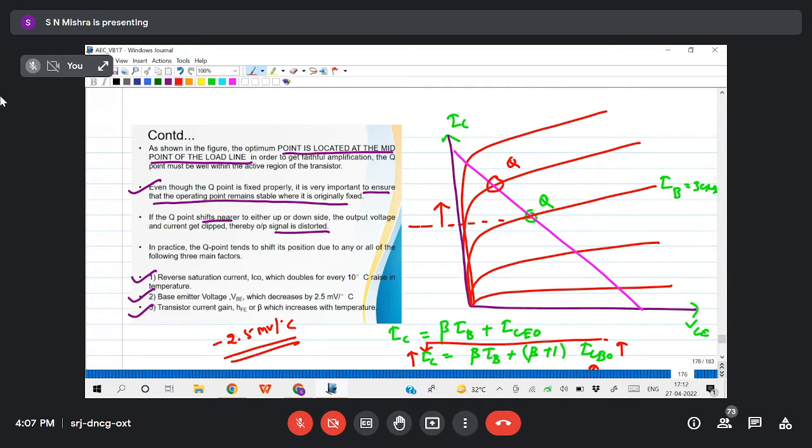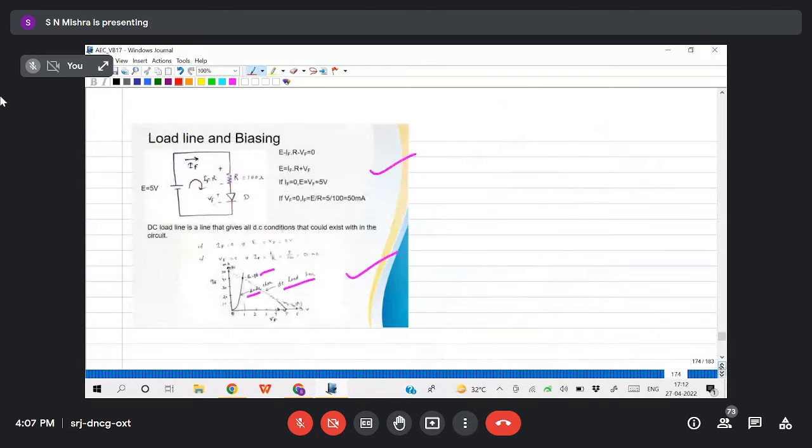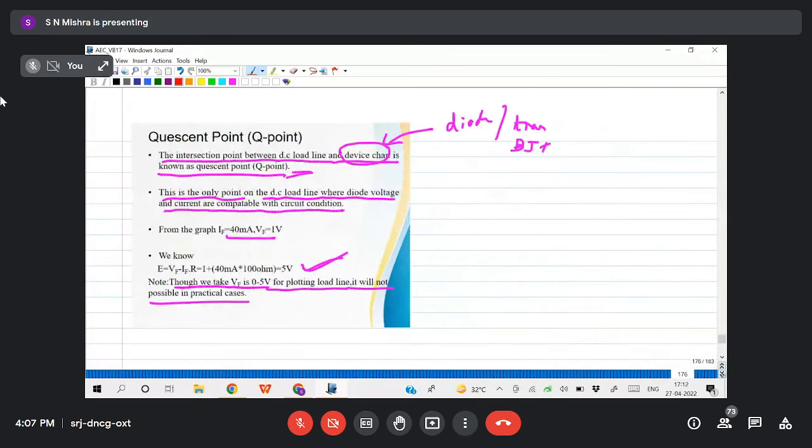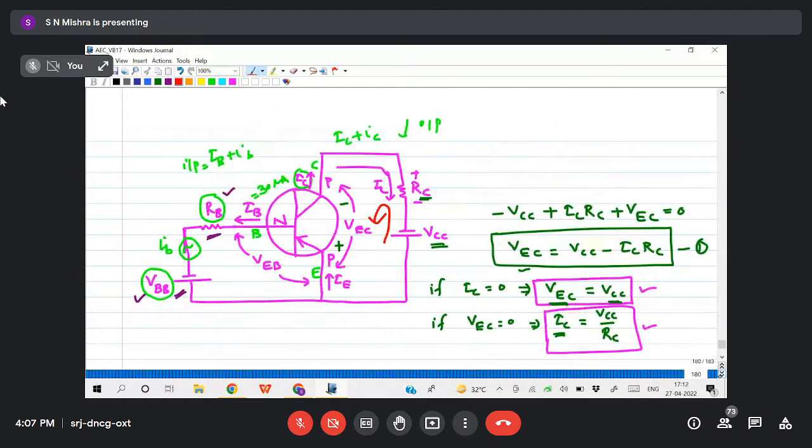Now, if I consider the same thing as a transistor circuit, let us see the transistor circuit I have drawn. This one. So this is P, this is N. So this is like a PN junction diode. Now for every 1 degree rise in temperature, 2.5 millivolt junction voltage.